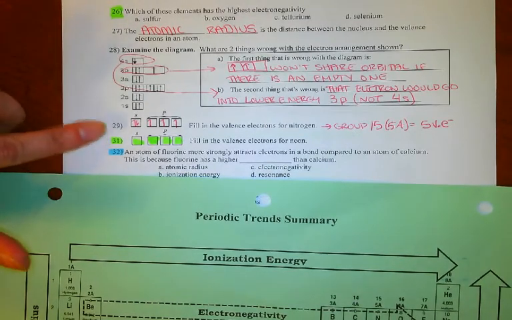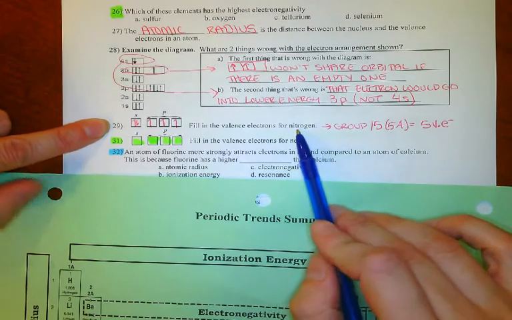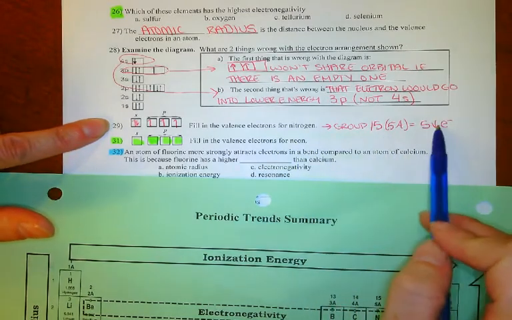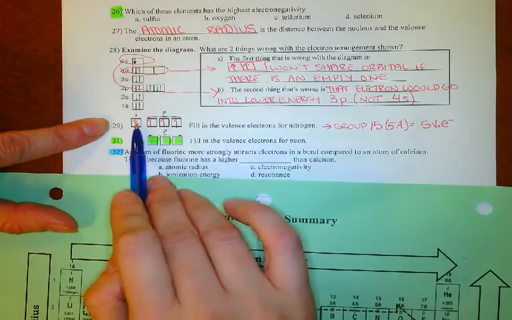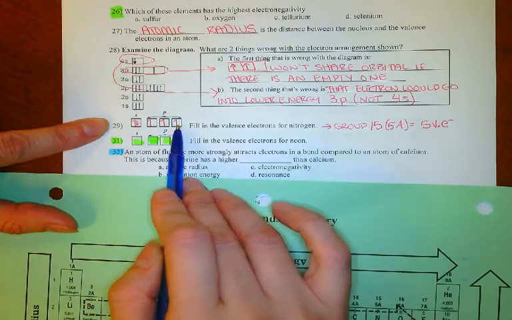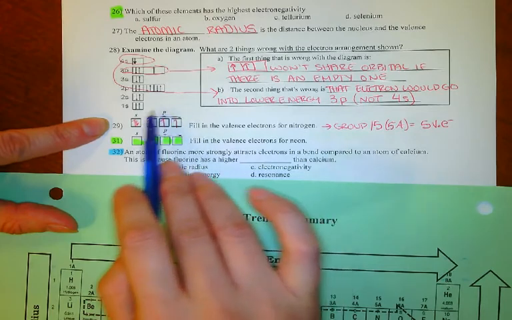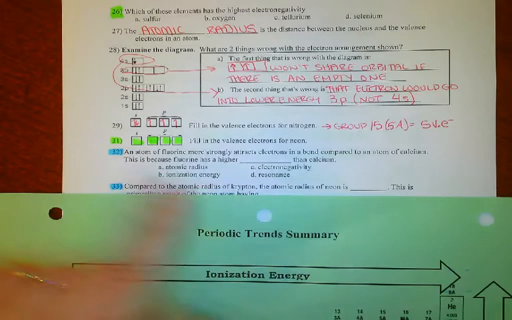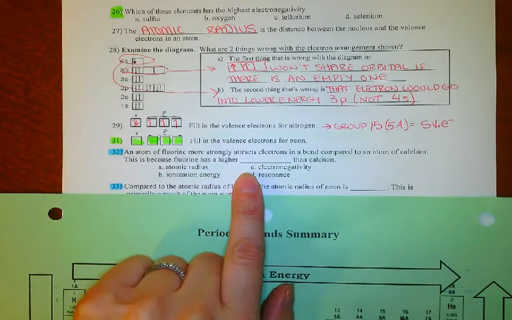You're going to do 31 the same way you did 29: nitrogen is in group 15, or 5A, so it has 5 valence electrons. I said mom and dad share the first bedroom, and then 3, 4, 5 each get their own bedroom first.